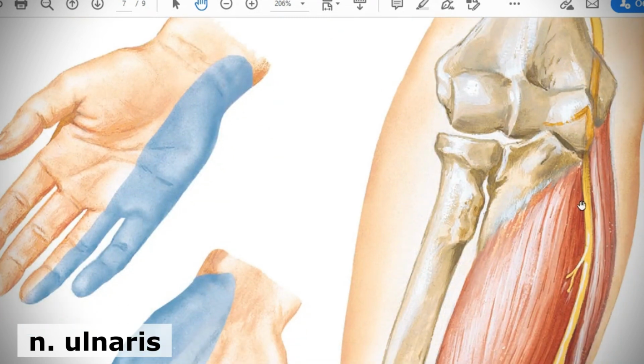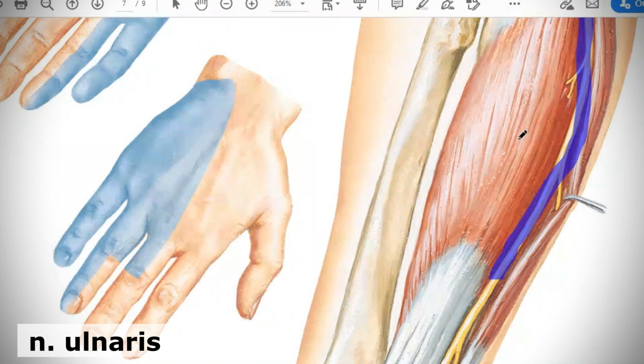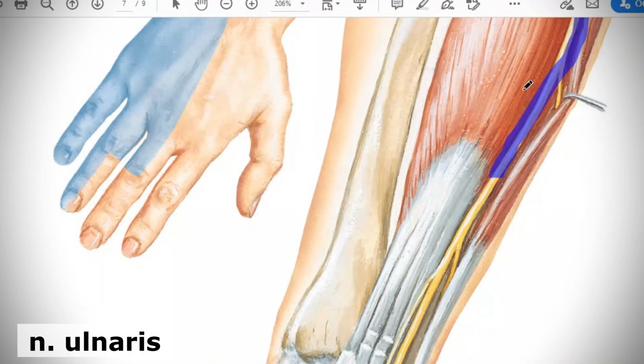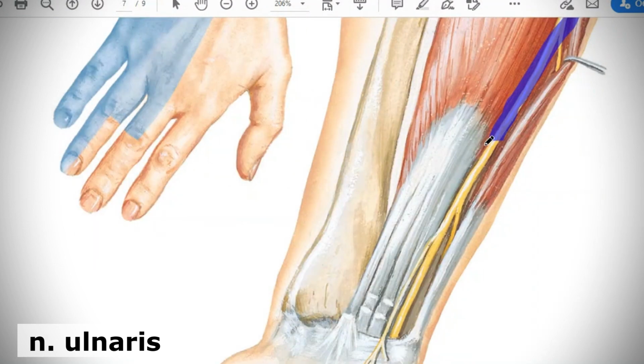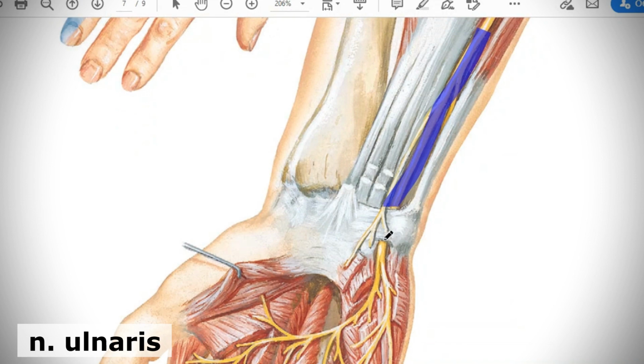But then it comes back to the anterior side of the forearm and is situated, as you can see, in this groove. You remember sulcus antebrachialis ulnaris, between flexor carpi ulnaris and flexor digitorum superficialis and profundus, with its accompanying artery of the same name, and it goes down to the wrist and comes to your hand.